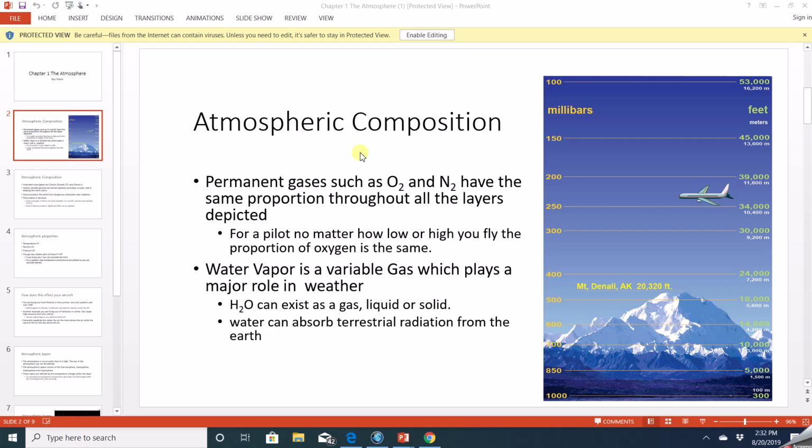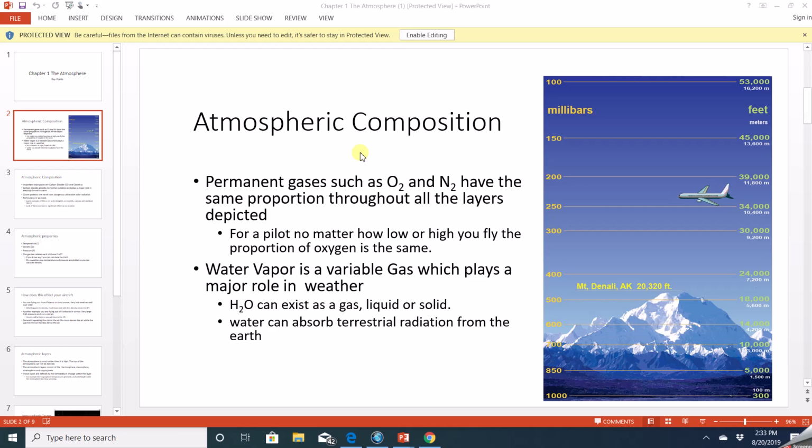We're going to start with the composition. One of the things that I want to stress here: in the first 6 weeks or so of the course, you're going to learn a lot of the basics of the atmosphere. Why is that important? Because everything else builds on those basics. You have lots of hazards in weather for aviation.